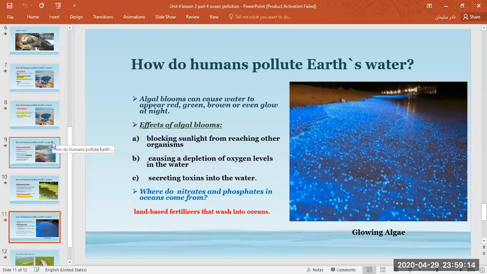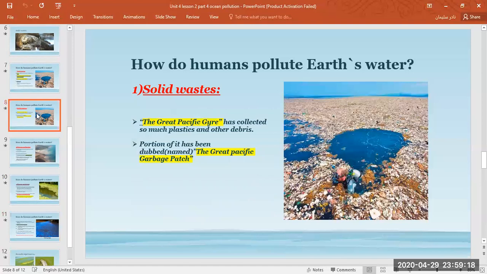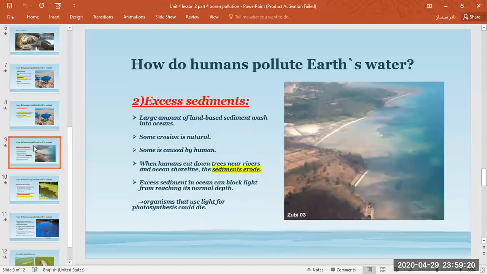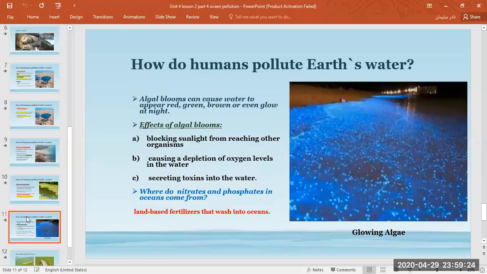Then we spoke about excess sediments, and now the excess in nutrients will cause algae to grow rapidly and quickly, and overgrowth of the algae causes formation of the algal bloom in the ocean.